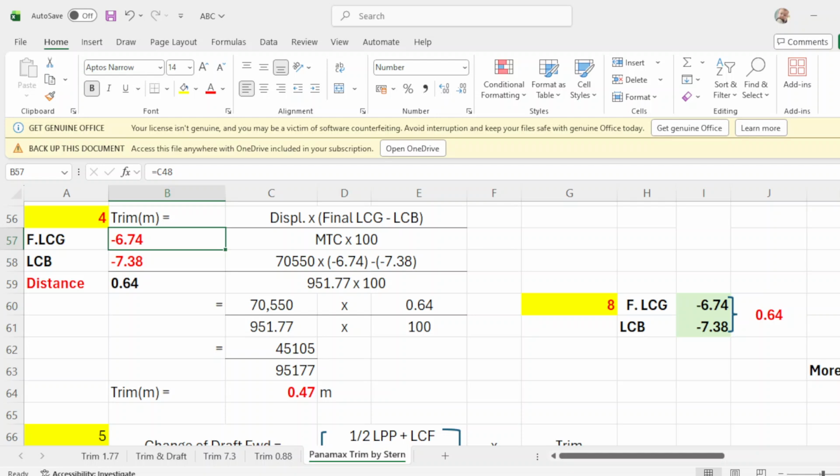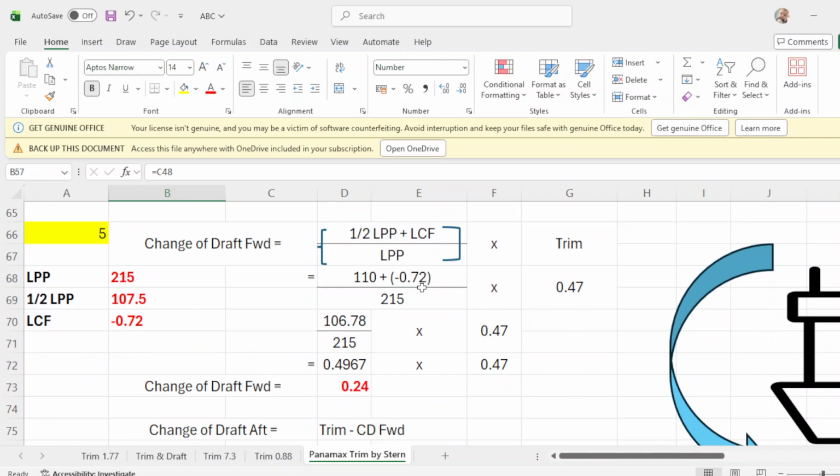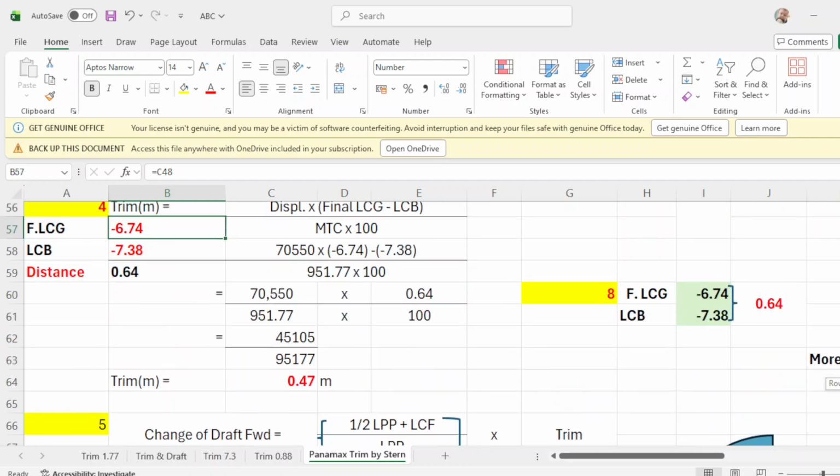We go to number 5. Next you will compute for the change of drop forward. You have your LPP here as 215. Your 1/2 of LPP is 107.5, and your LCF is negative 0.72.